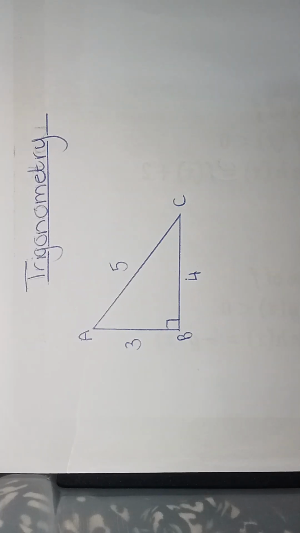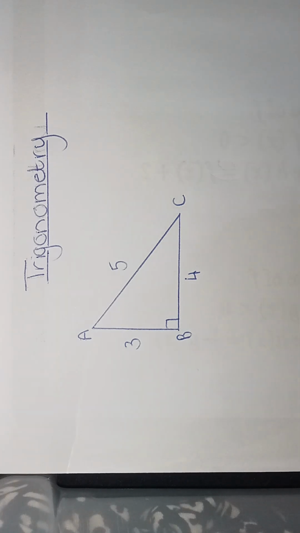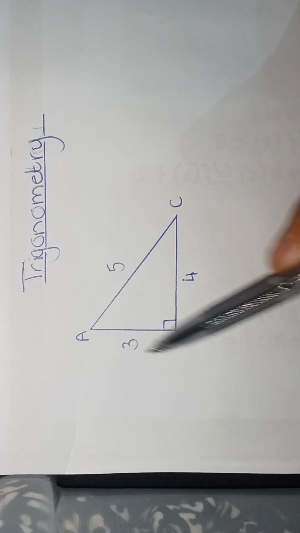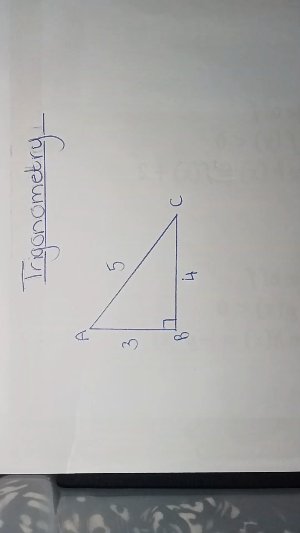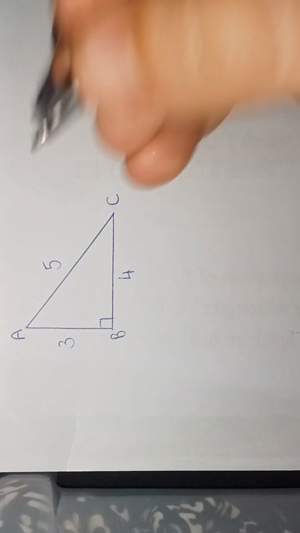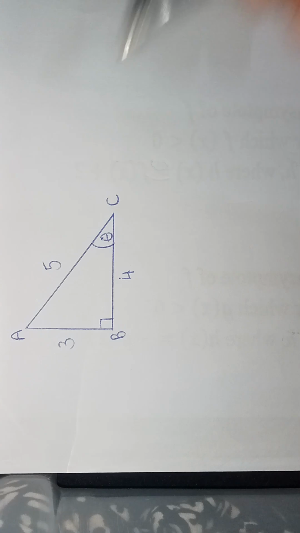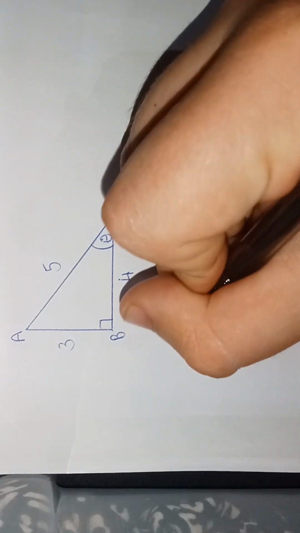Let's say they've given us this triangle ABC. Notice something: this is Pythagoras. Let's just add theta there, the Greek letter theta. And they ask us, what is sine theta?